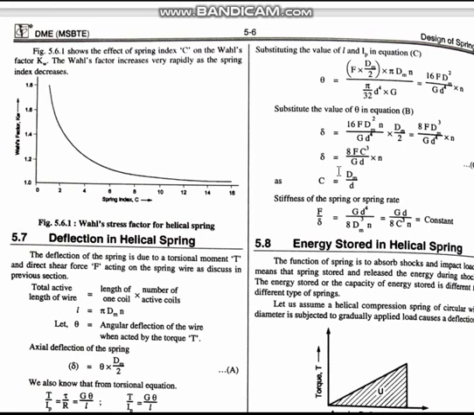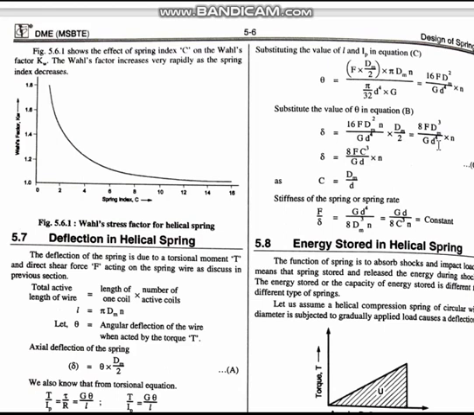Here, by mistake they have put B, it should be A. So this theta value we got, you substitute here. So what will it become? The whole thing into Dm by 2 is delta. Now delta, again you simplify it like this.